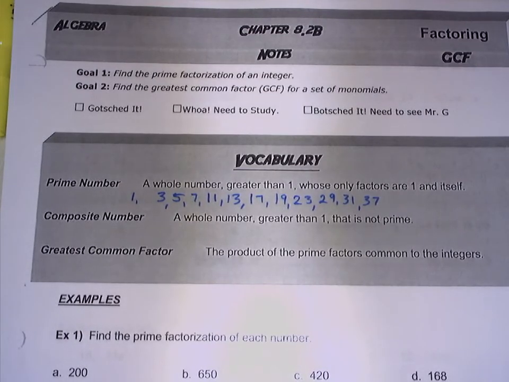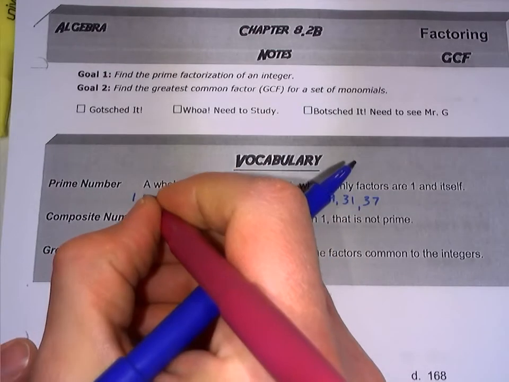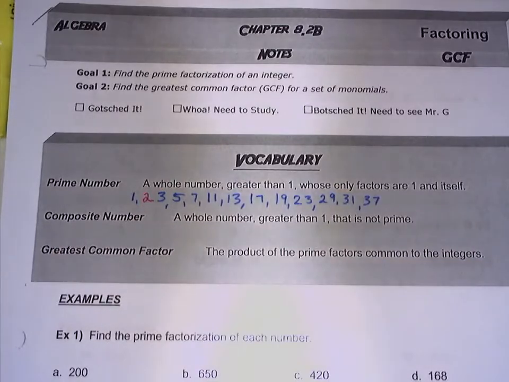Now, there's one that we're missing. Does anybody know the last one we're missing? There's only one even number that's considered prime. No, not 0. Good guess. 2. 2 is the only guy that's even and prime.